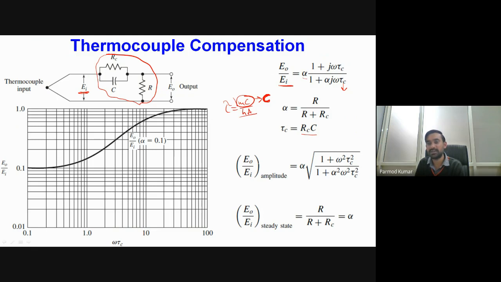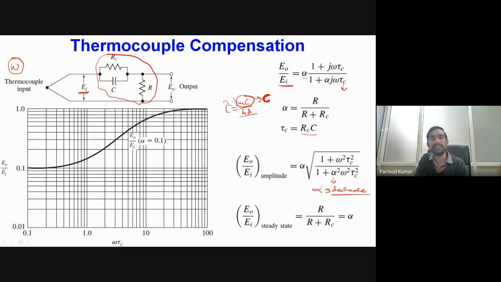Now if we look at the amplitude ratio of this circuit, you will find that the amplitude ratio of the input and output EMF is alpha times the square root of (1 plus omega square tau c square) divided by (1 plus alpha square into omega square tau c square). It is clear from this amplitude ratio that if the value of alpha is decreasing, the frequency response will improve. Omega is the forced frequency, the frequency at which our temperature is fluctuating.